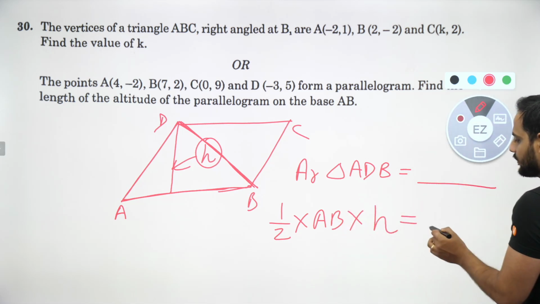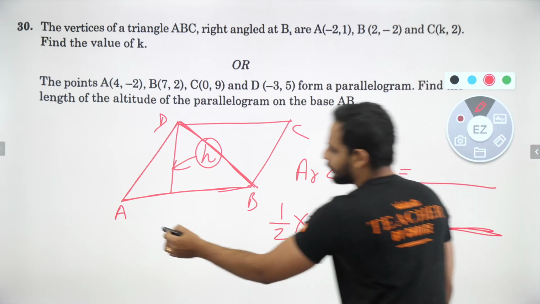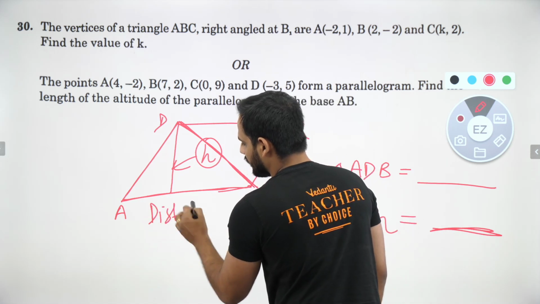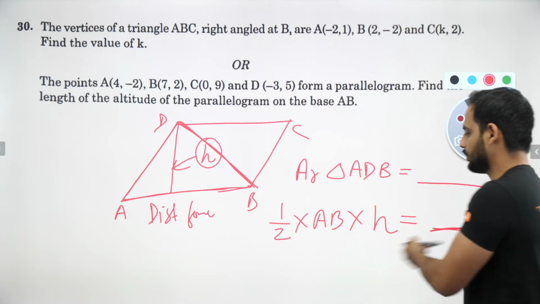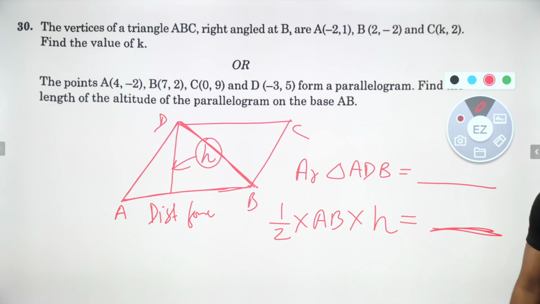This area you already know. The AB length you can get using the distance formula. Put it here and you will get the value of h. So this is how you will get it.